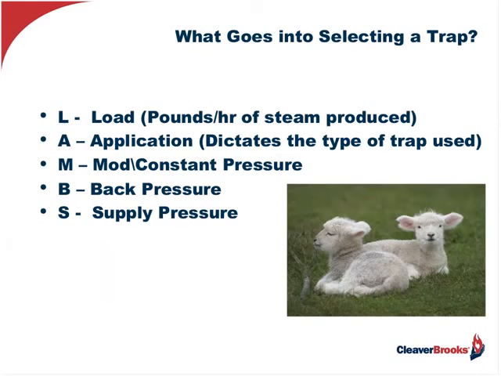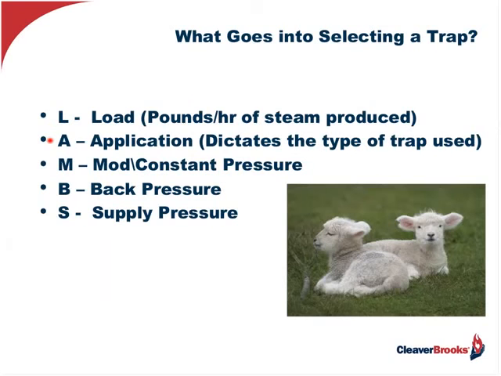before we start selecting traps, we have to lay out the parameters, if you will. What's the load? Pounds of steam per hour that's going to be produced. That then, of course, is going to be resulting in condensate. What's the application? Because this will dictate the type of trap used. Is it an air coil?